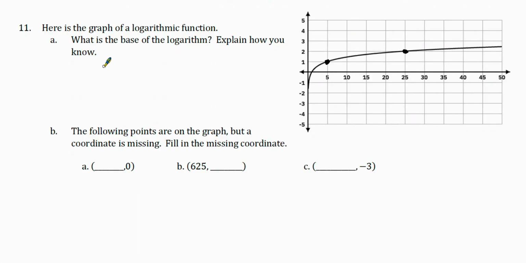So we are trying to think, okay, we've got log base something of my x value equals my y value. So interpreting this, we're trying to figure out, okay, what to the first power equals 5? Well, 5 to the first power equals 5, right? That means that the base of the log has to be 5.